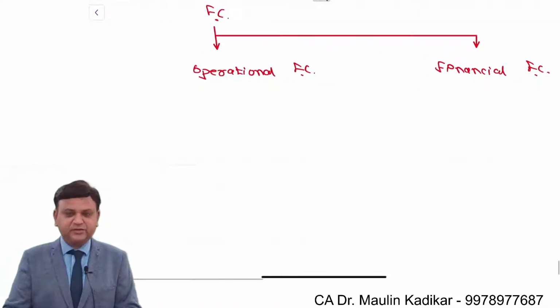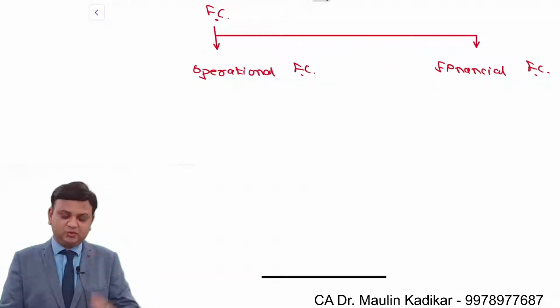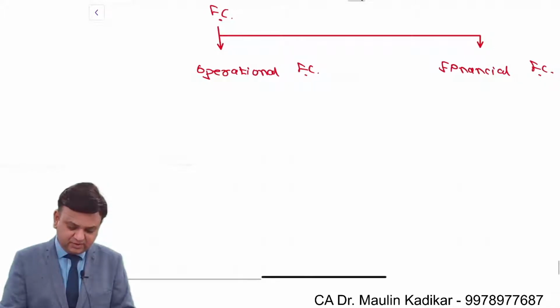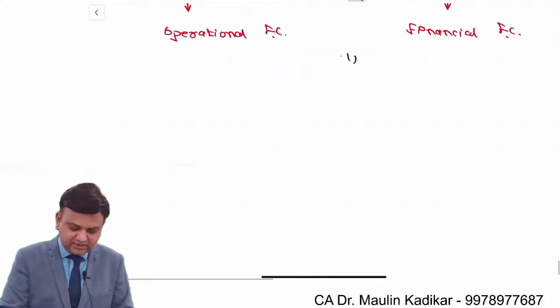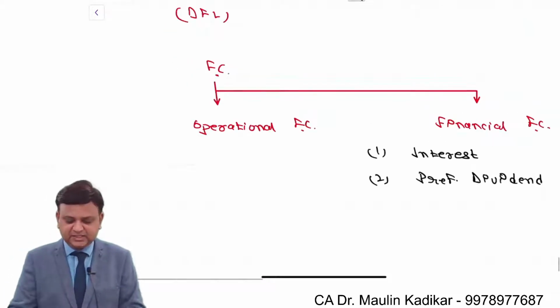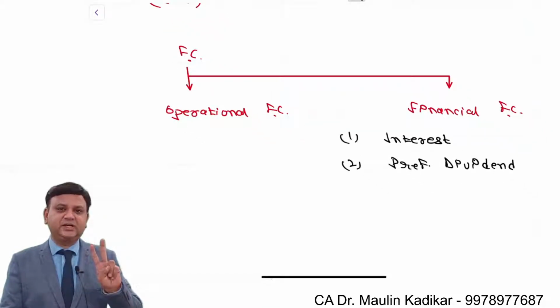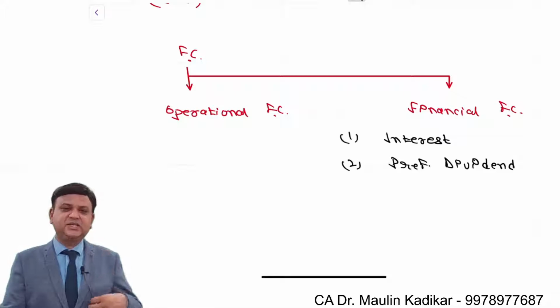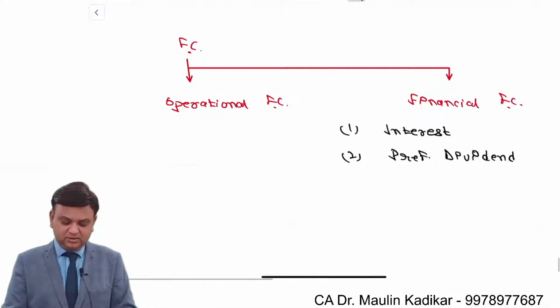In the financial fixed cost, again there are two expenses that we have: one is interest and another is preference dividend. So there are two fixed financial charges that we have, interest and preference dividend.